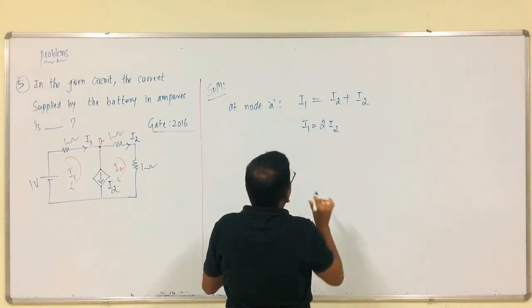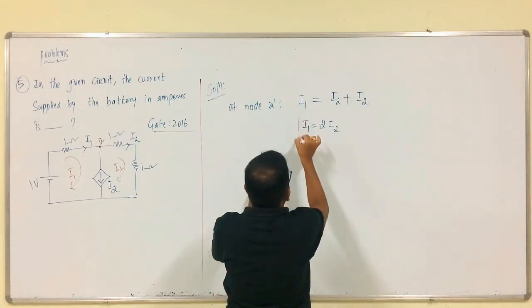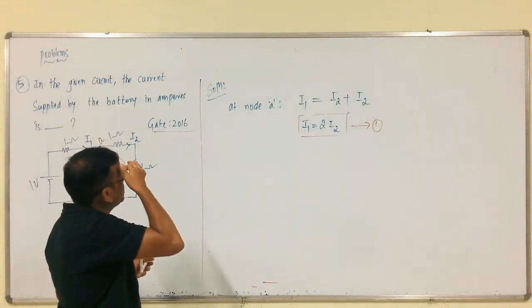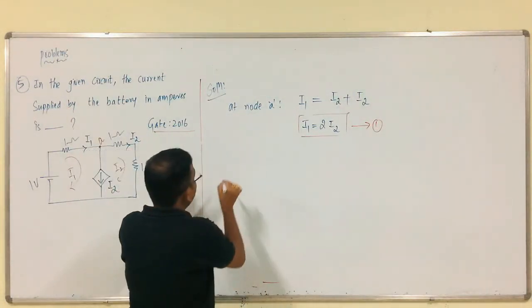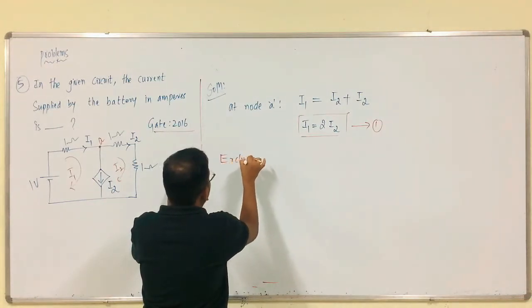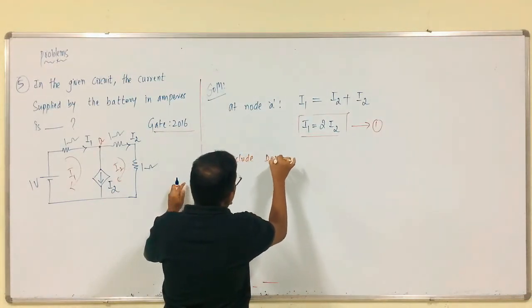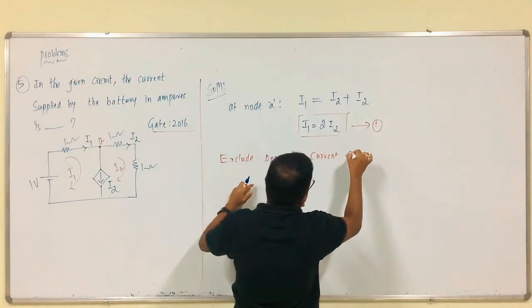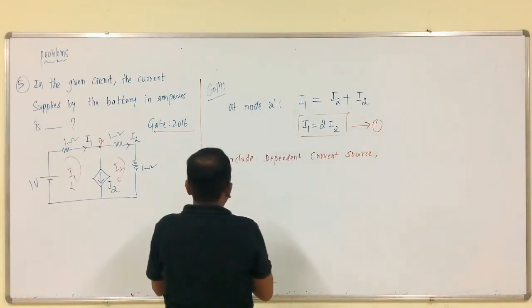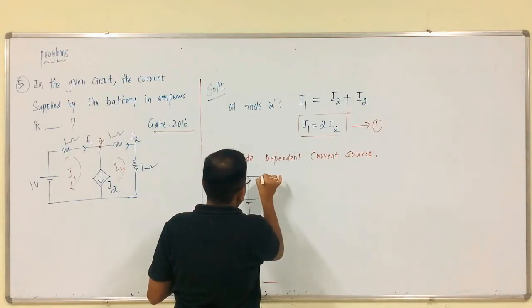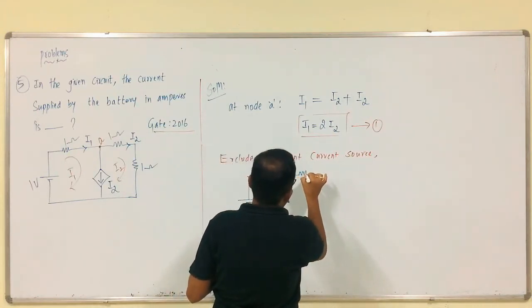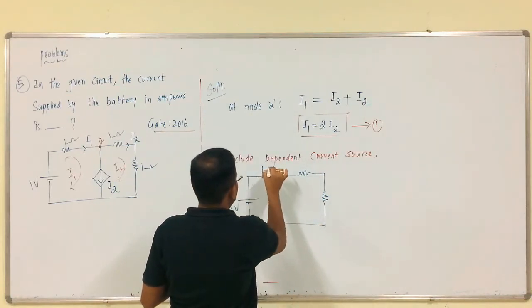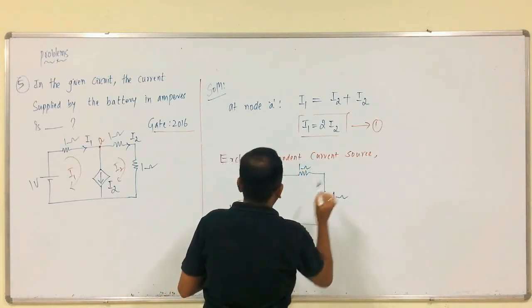So, excluding the dependent current source, the circuit becomes: this is 1 volt, 1 ohm, 1 ohm, 1 ohm.